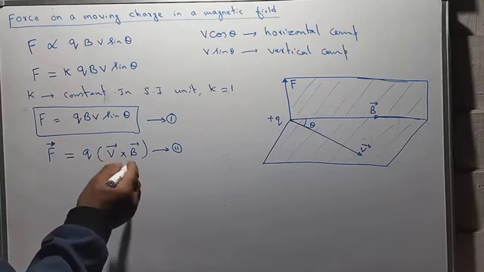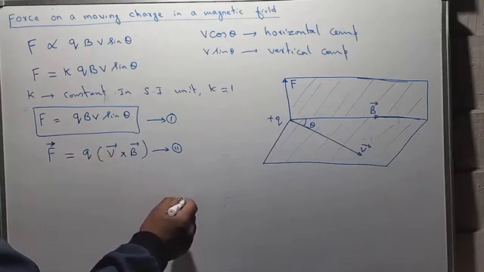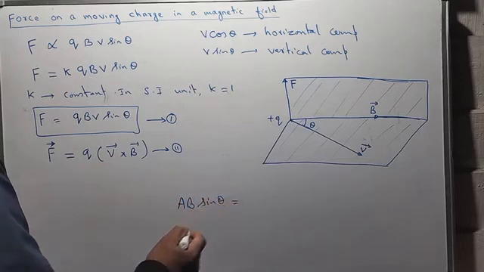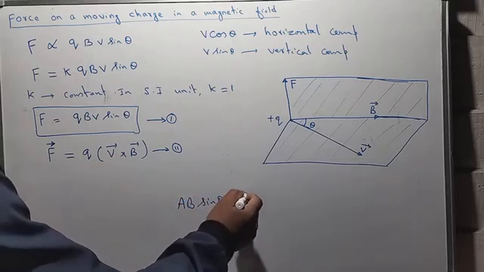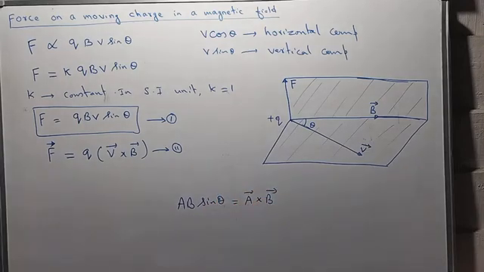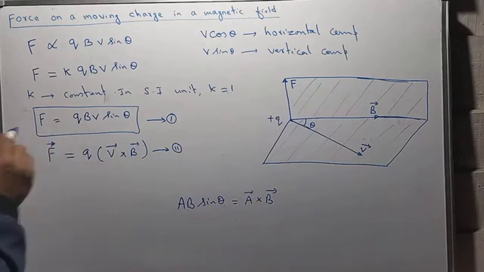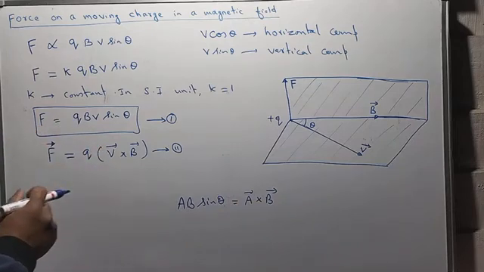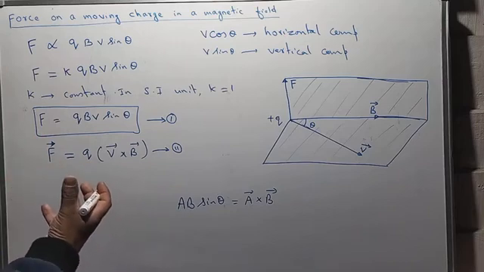Because we know in mathematics, when I say AB sin theta, it is known as the cross product of two vectors, that is A cross B. Similarly, because charge is a scalar quantity, we cannot take that as part of a cross product.